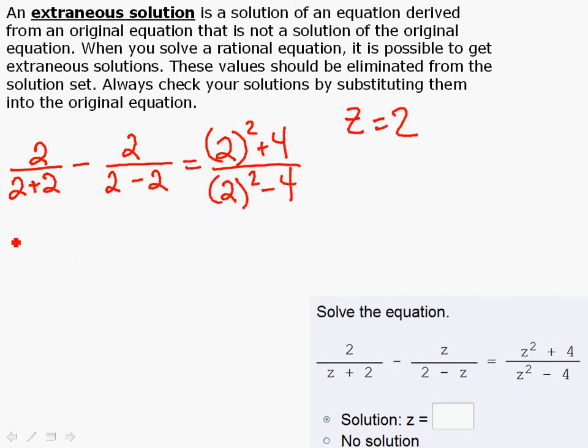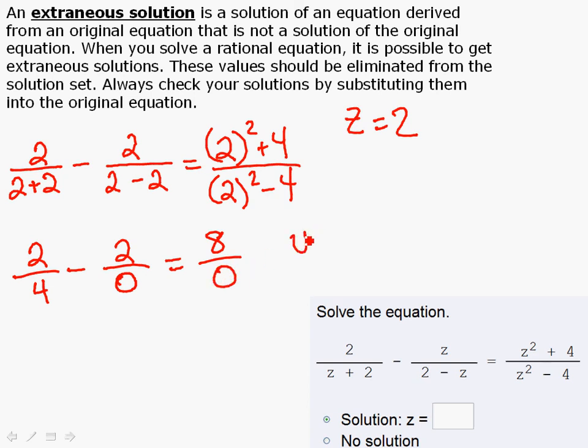Now when I actually start to work this out, I see that 2 over 4, that's okay, minus 2 over 0 equals 2 squared is 4, plus 4 is 8 over 4 minus 4, which is also 0.